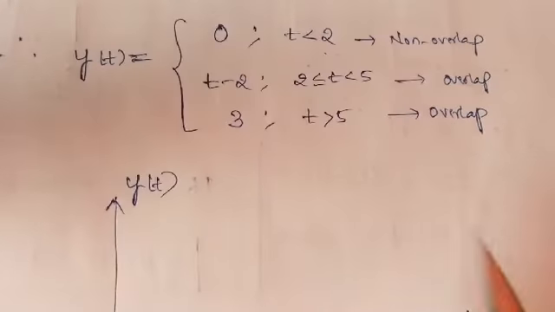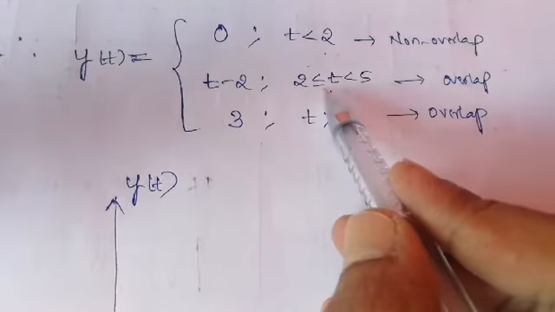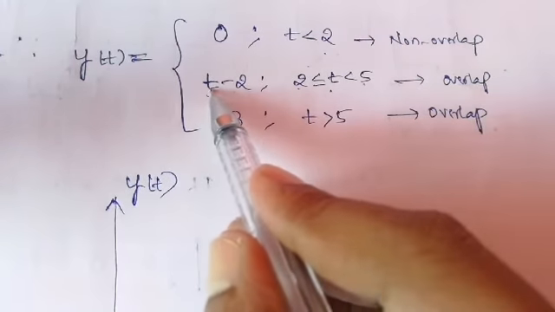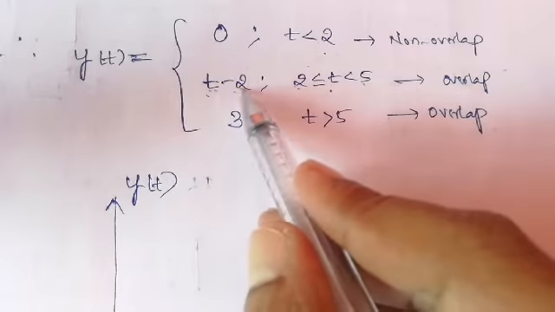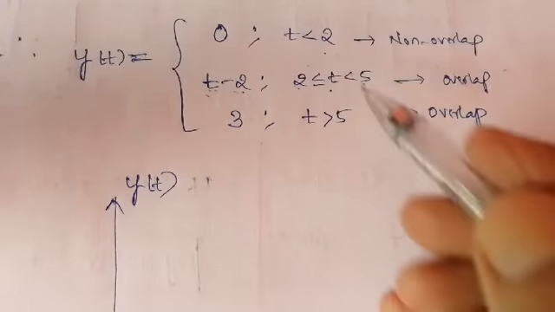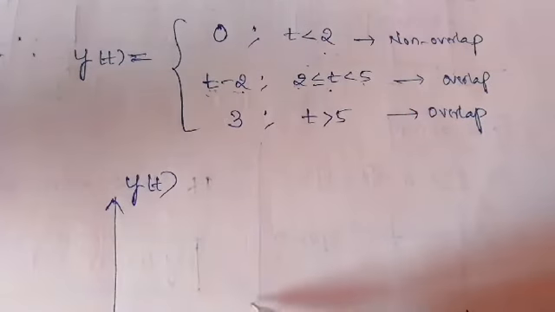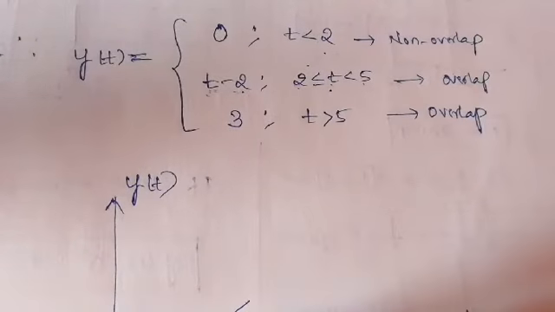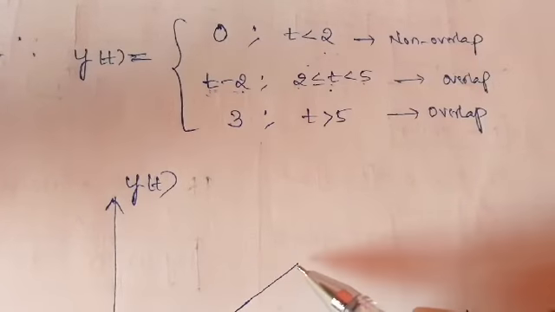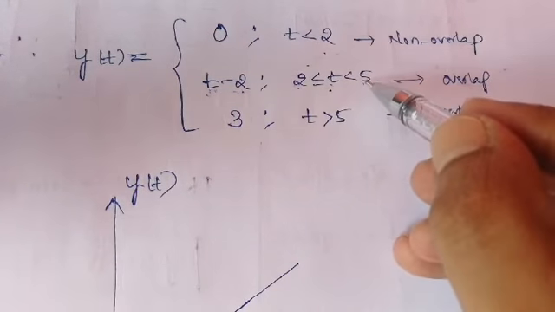Then, if the value of t lies between 2 to 5, it has amplitude t minus 2. Let us take t equal to 2: 2 minus 2, it is 0. Next, t equal to 3: 3 minus 2, it is 1. Next, t equal to 4: 4 minus 2, it is 2.